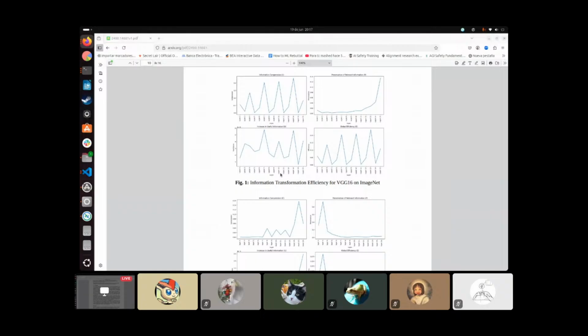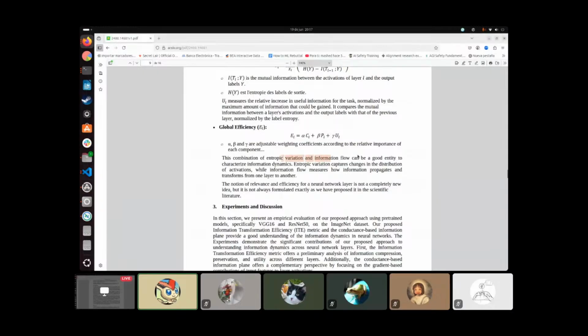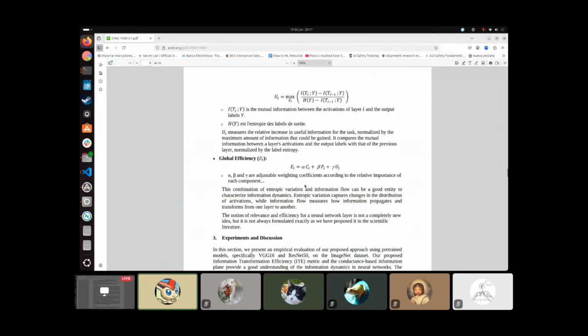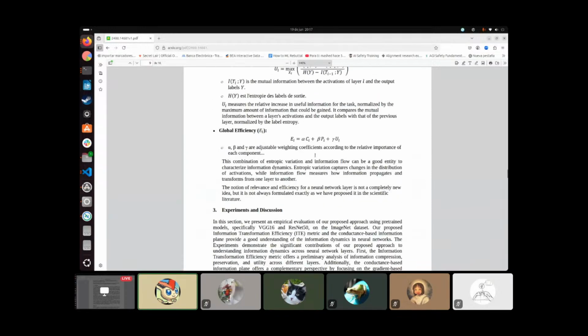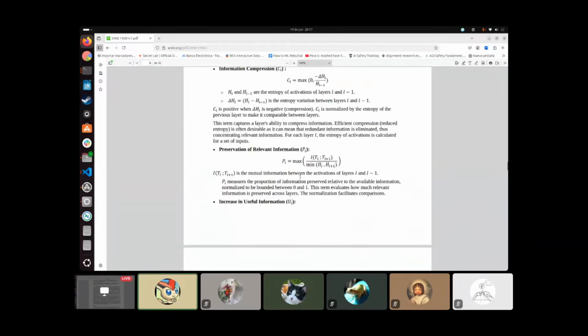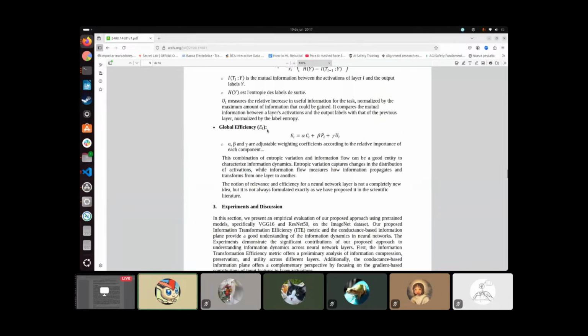So global efficiency is a combination of entropy equation or information flow, which can both be used to characterize information levels. Entropy equation captures changes in the distribution of dimensions, while information flow measures how information propagates and transforms from one layer. So global efficiency is a sum of C and P and U. So like the compression, the preservation of information, and the increase of information with some weights.